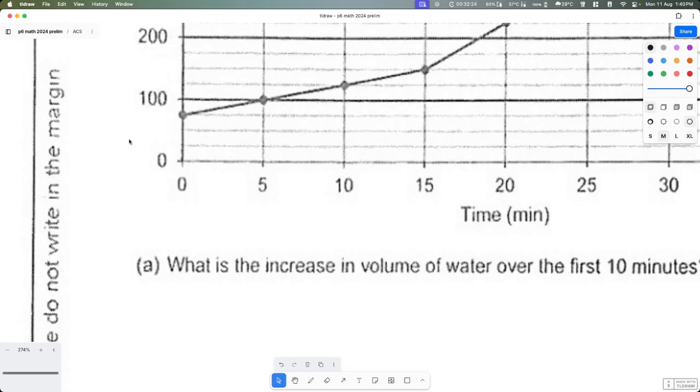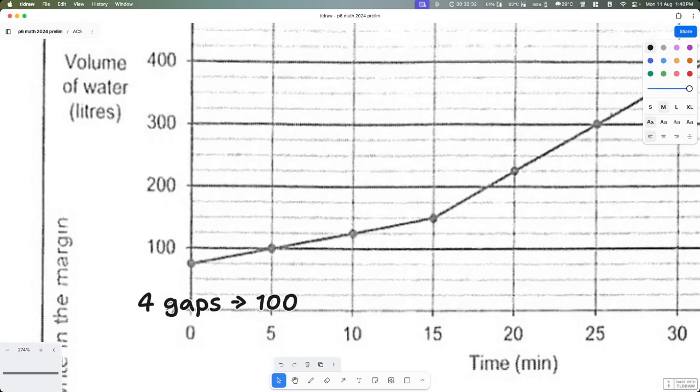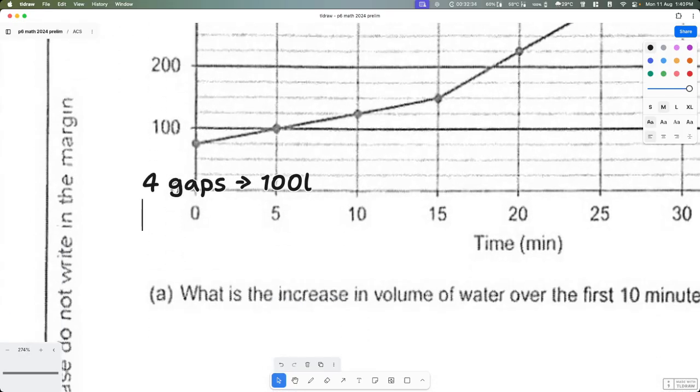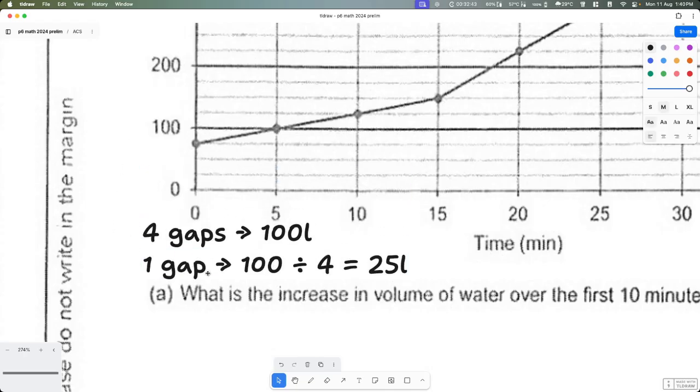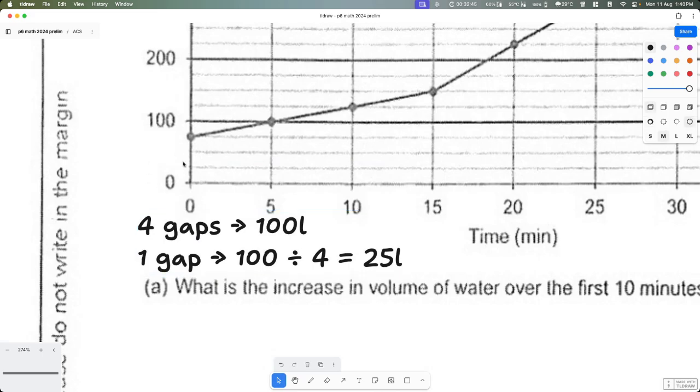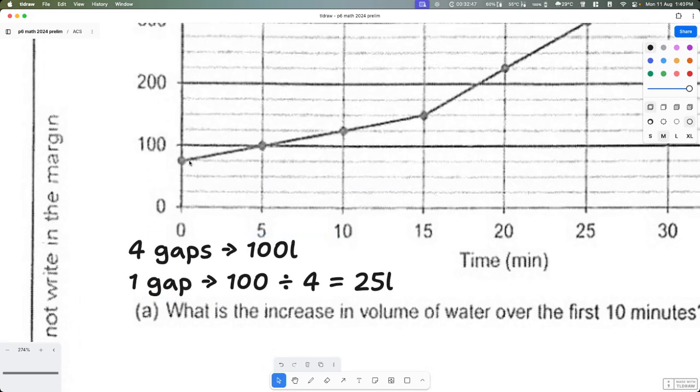So 4 gaps is equal to 100, in this case liters. Then 1 gap is equal to 100 divided by 4. This will give us 25 liters. That's what you see over here. So from 0, we'll get 1, 2, 3 gaps.